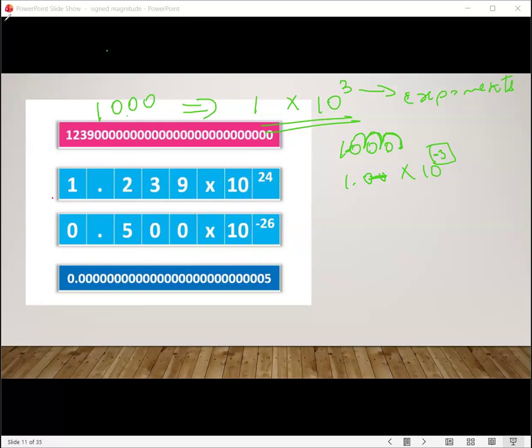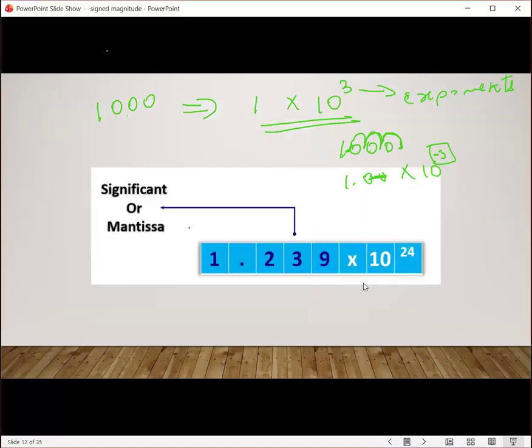Likewise, this is how we can represent decimal numbers. For example, in the 8-digit case, if we write it like this, this part is called the significand or mantissa.